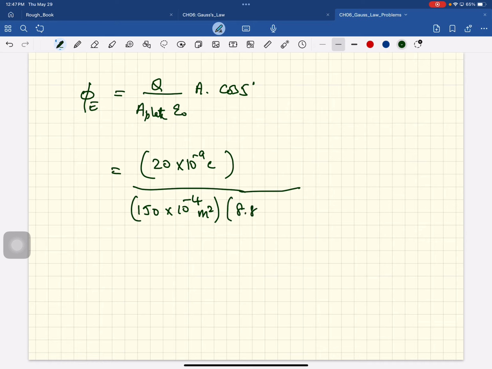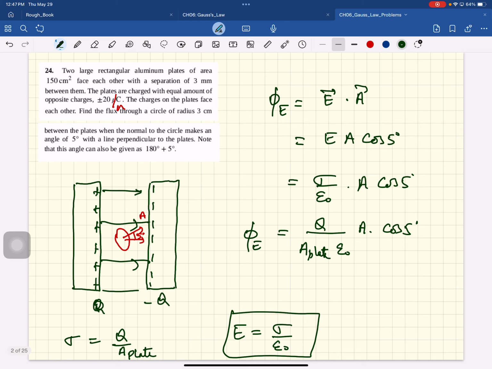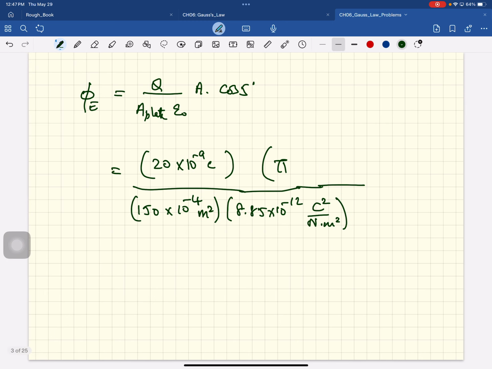Epsilon naught is 8.85 into 10 to the minus 12 Coulomb square per Newton meter square, by R square. R was, the radius was 3 centimeters. Cosine 5.